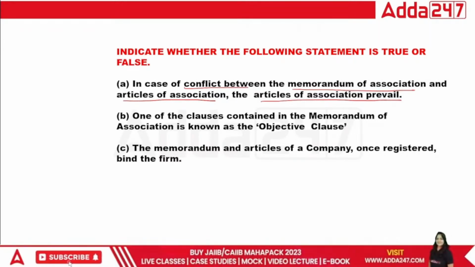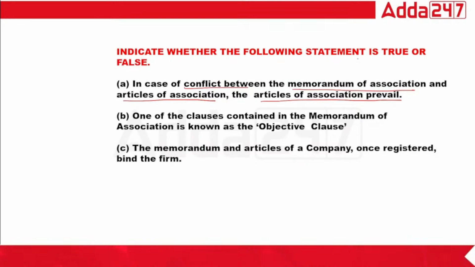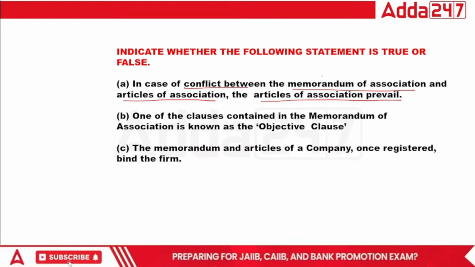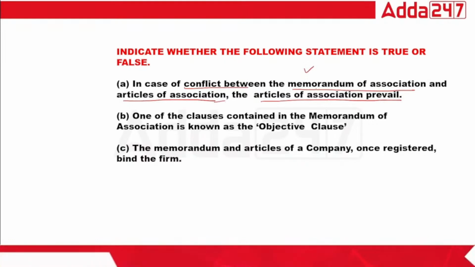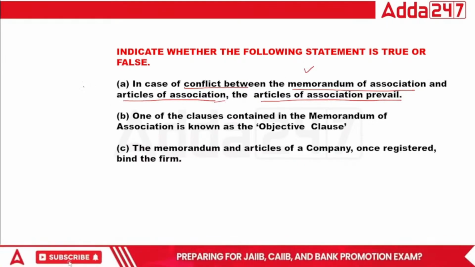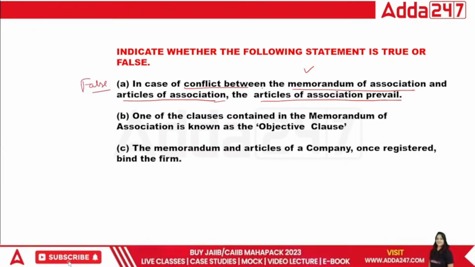If there's a conflict, Memorandum of Association is one of the most important documents of the company, and Article of Association is also, right? But this is more important than this one. So the Article of Association will prevail. This is absolutely a false statement, because the memorandum is important.